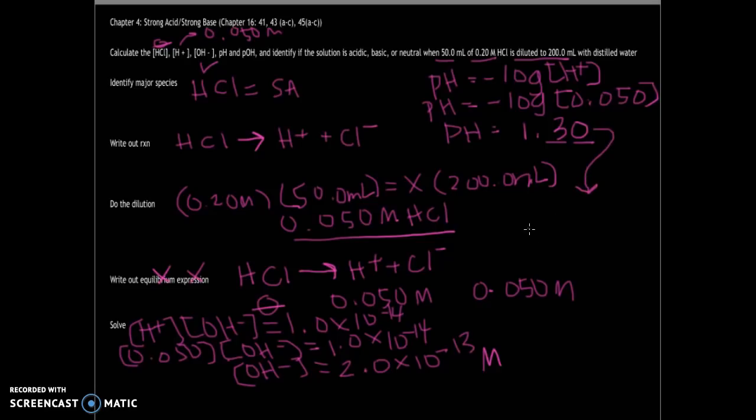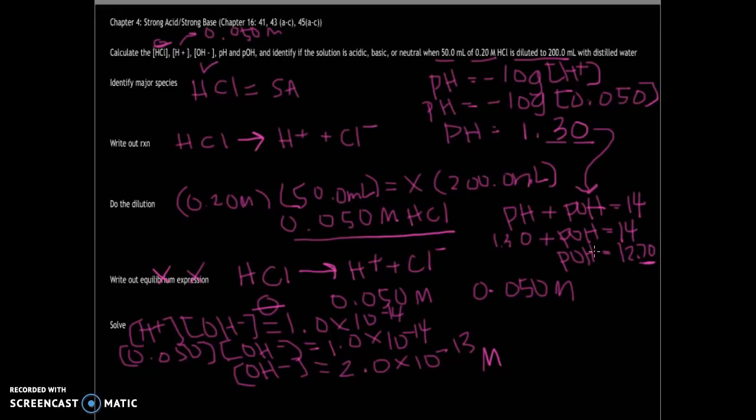Okay? Sorry, I'll go down here. I know I'm running a little bit out of room. Make yours neater. How do I get pOH? Well, that's easy. Once you have pH, remember this equation? pH plus pOH is 14. So 1.30 plus pOH is 14. So you take 14 and you subtract 1.30 and you get 12.70. 2 sig figs.